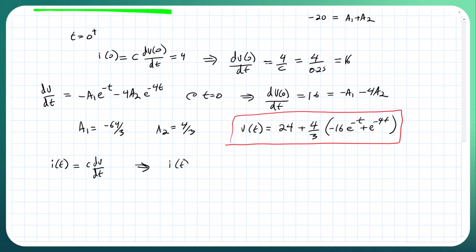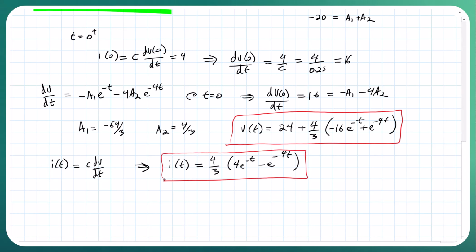We get I(t) is equal to 4 over 3 (4 e to the minus t minus e to the minus 4t). Okay, and that's going to be our current as a function of time.